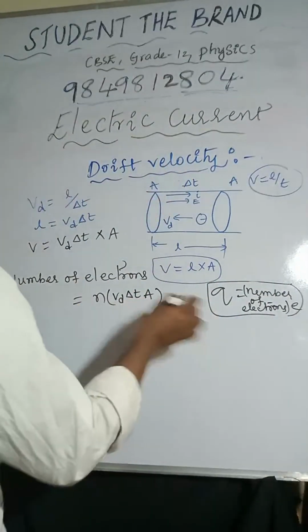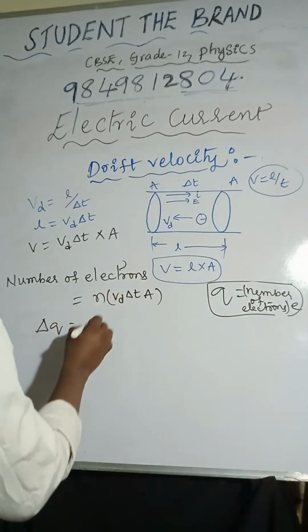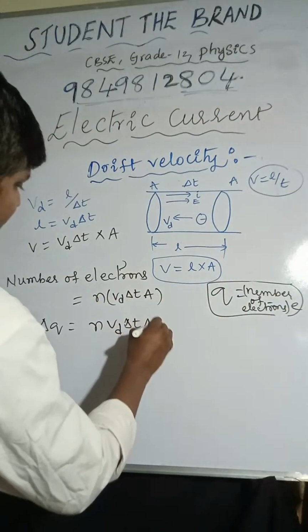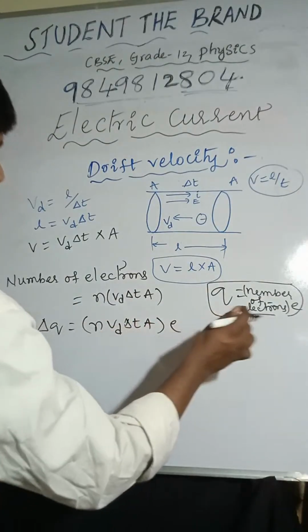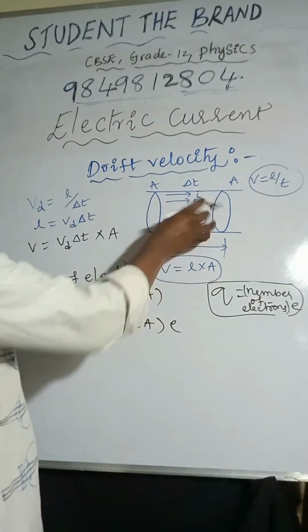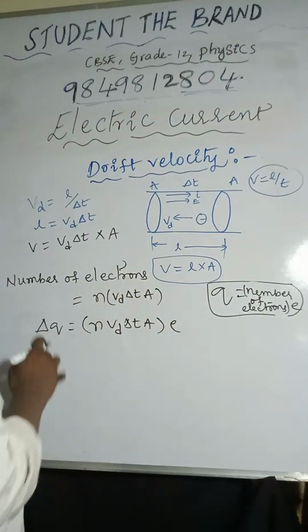Now the same I am taking here. So delta Q equals n Vd delta t into A into e. This is the total number of electrons present in a particular volume, then n into Vd into delta t into A, that is the number, times e.